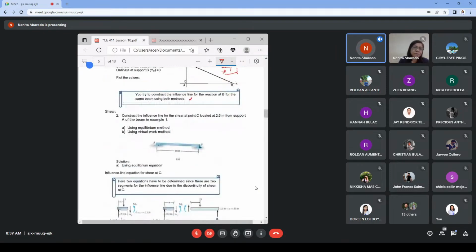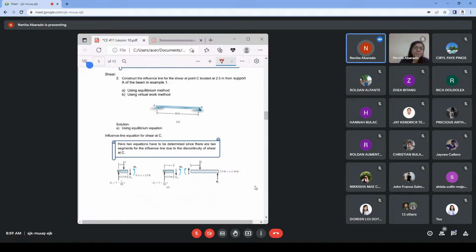Let us now go for shear. Let's say, class, for shear na tayo. Let's say the function is shear. We are going to construct the influence line for the shear at point C, located at 2.5 from the support of A of the beam in example 1.